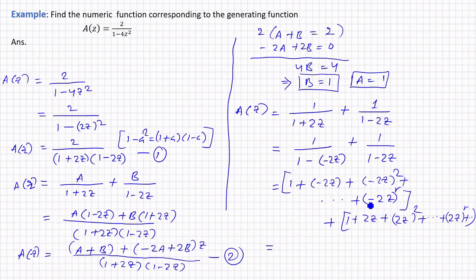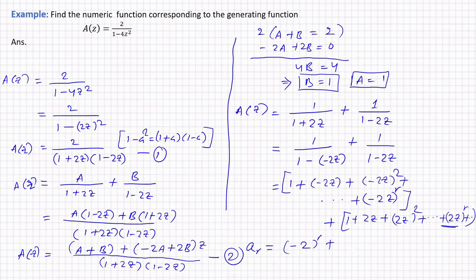So see here, the value of the first part, the value of the numeric function at r is minus 2 to the power r, and from the second part the value of the numeric function at r is 2 to the power r. So for the first part we can write a_r is equal to minus 2 to the power r, and for the second part, in this term we have 2 to the power r.